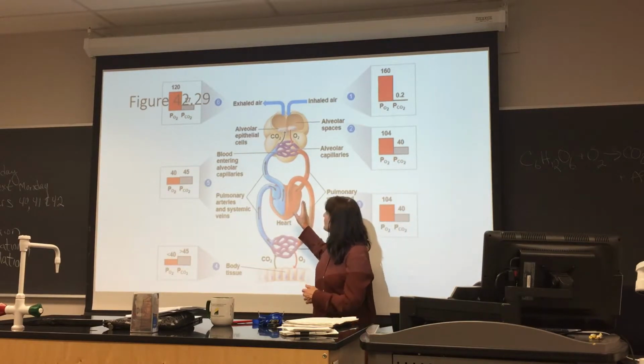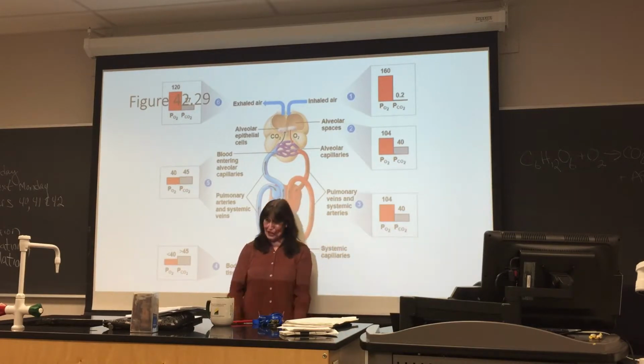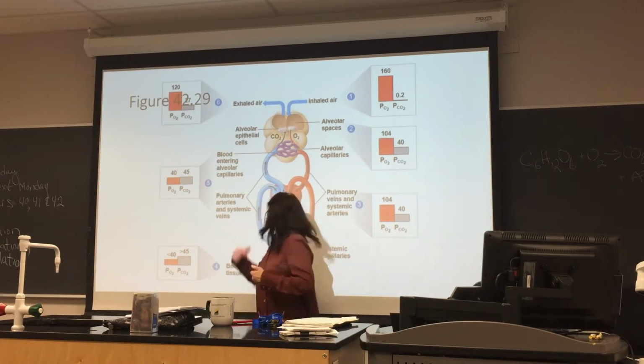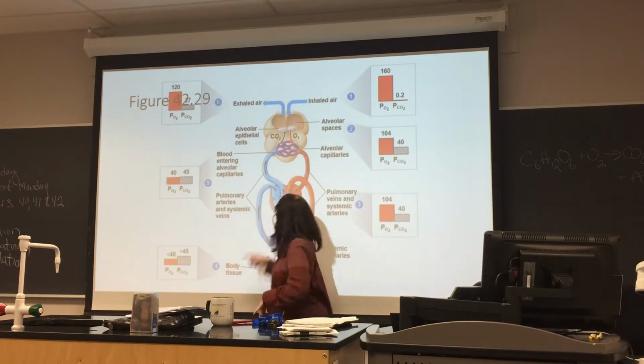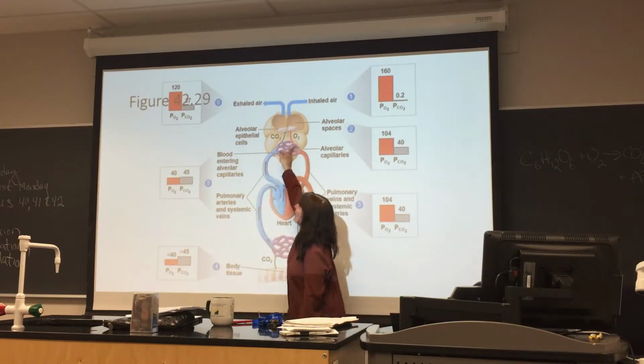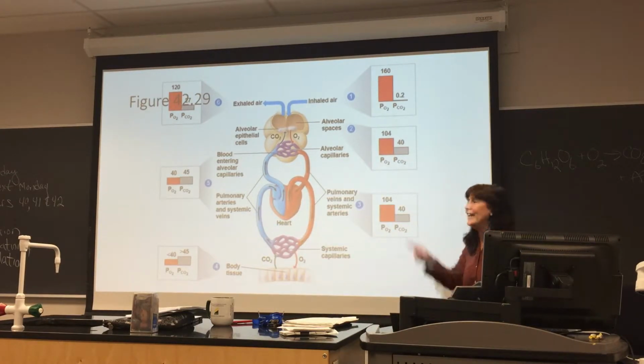And the left side, remember, this is not your orientation, this is your patient's orientation, right? So this would be the right side, and this would be the left side. So the right side of the heart then goes to the lungs to get reoxygenated, and the cycle starts all over again.